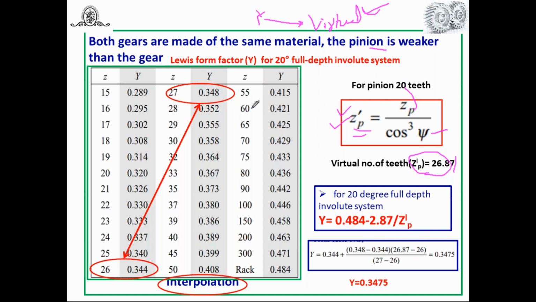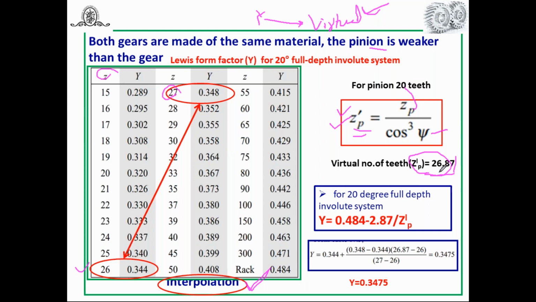After calculating it, I am going to refer to the chart using this virtual number of teeth. You will find Z dash is 26.87. In the chart, Z is equal to 26, and after that 27. You don't have a value of 26.87 in between. So what do you have to do? You have to go for interpolation.